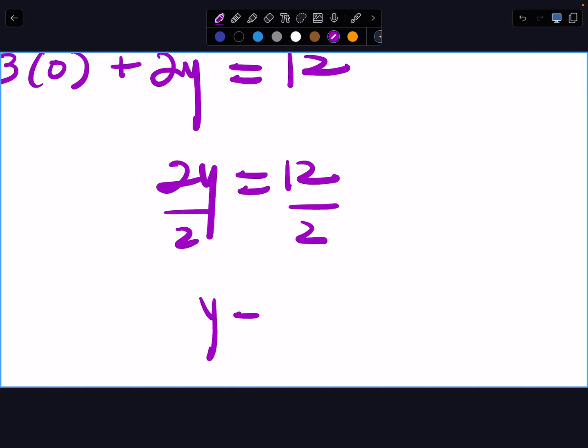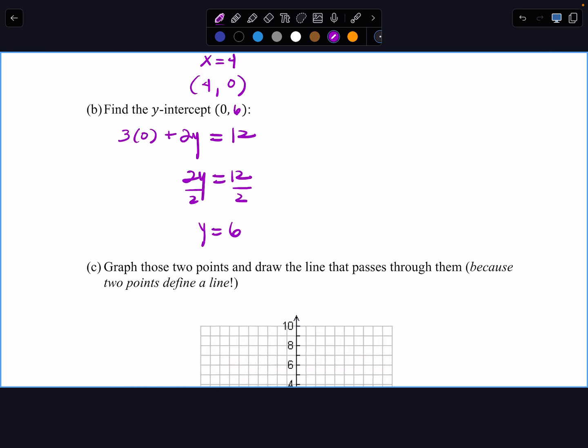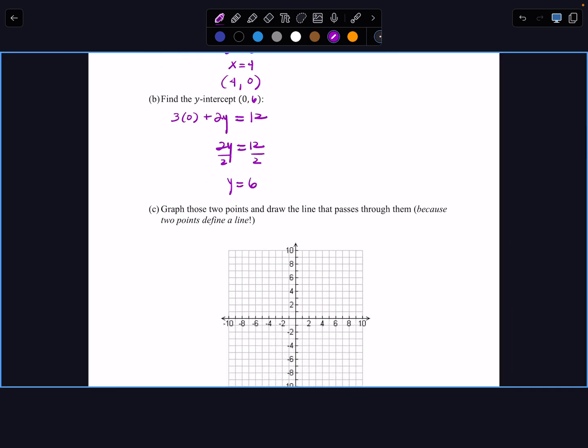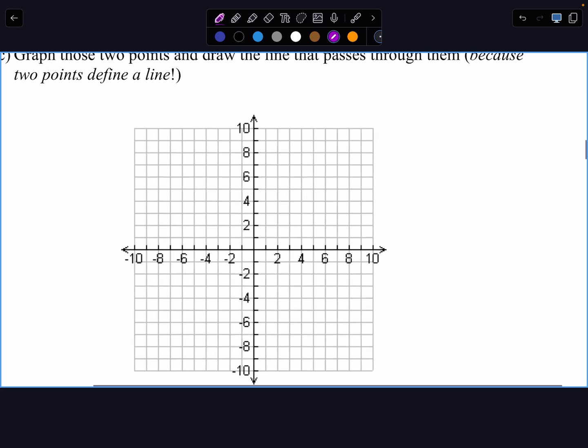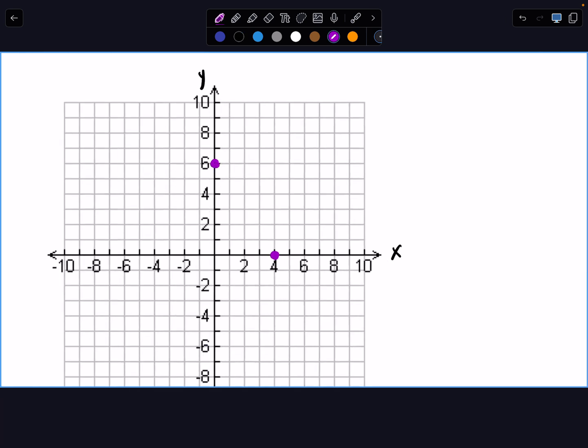So we get y equals 6, which means our y-intercept will be (0, 6). Two points define a line, so we can just think about plotting each of those points. So (4, 0) on the x-axis, right? X-axis, y-axis. (4, 0) and (0, 6). And then we can just draw the line that passes through those 2 points. Bam, we're done.